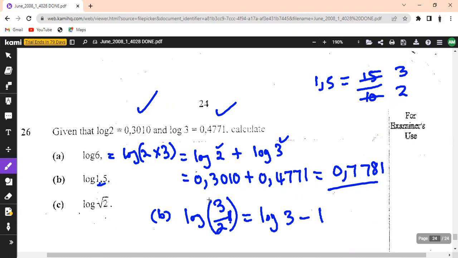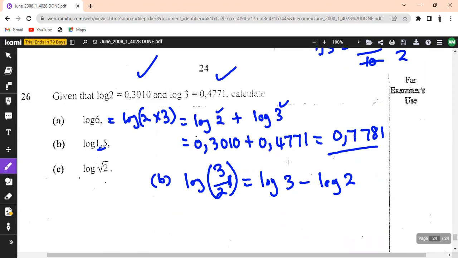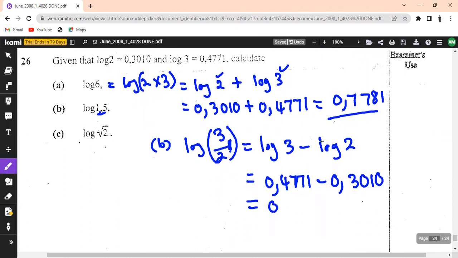It means we subtract the logarithms, that is log of 3 minus log of 2. Log of 3 is 0.4771 minus the log of 2, which we are given as 0.3010. I want you to subtract these numbers properly, guys. You're going to obtain something like 0.1761. So make sure you do your subtraction properly, guys.